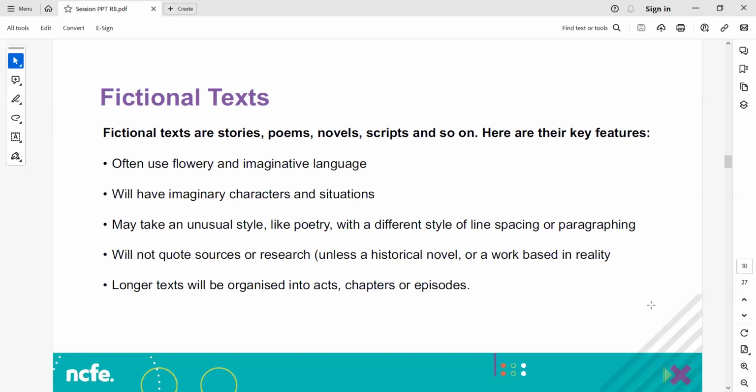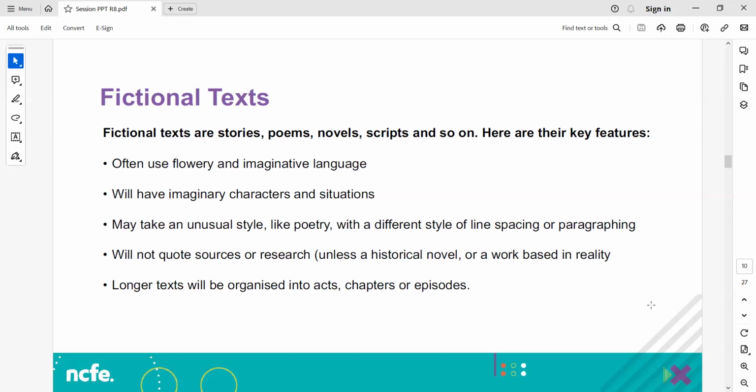Sometimes, particularly with poetry, we can see an unusual style. So it could be in the phrasing of the words, the word order, but also graphically how it looks on the page. So it might have different line spacing, paragraphing, and so on.